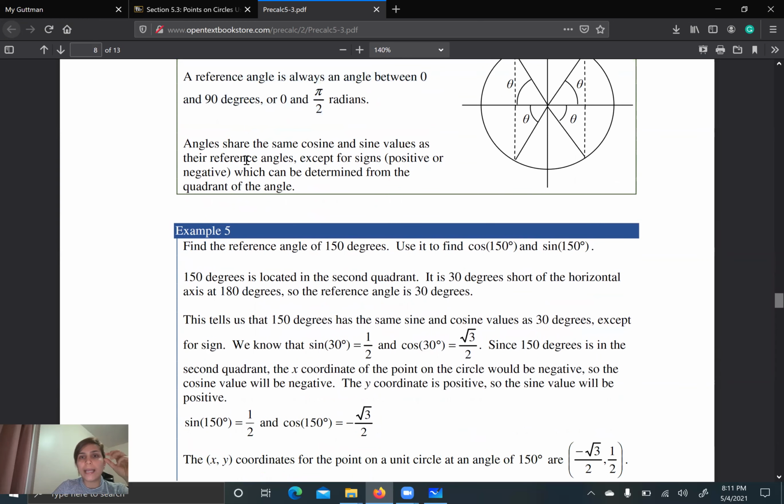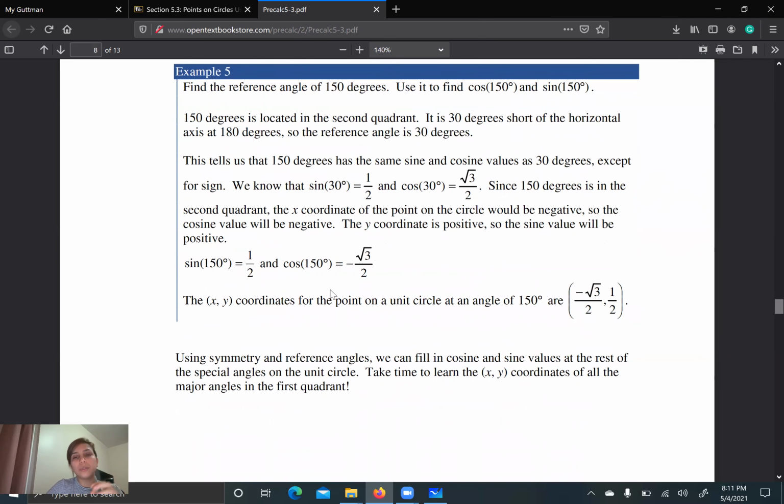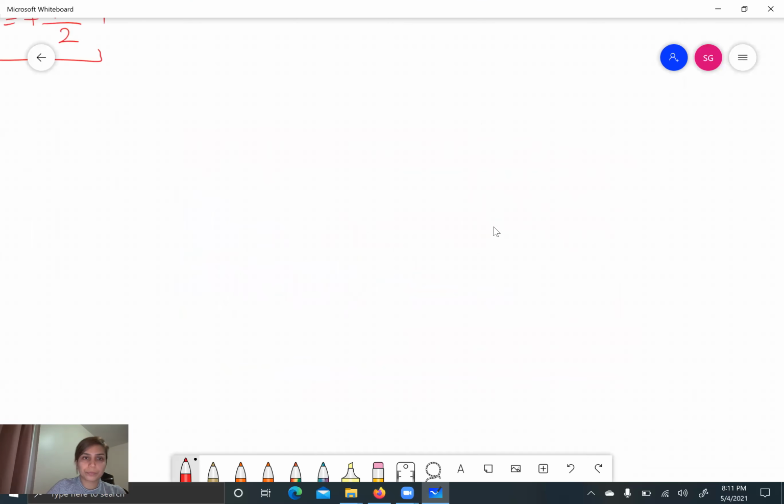Let me show you an example of how you can derive the sine and cosine of such angles. For example, find the reference angle of 150 and then use it to find the cosine and sine. So basically the question is this.